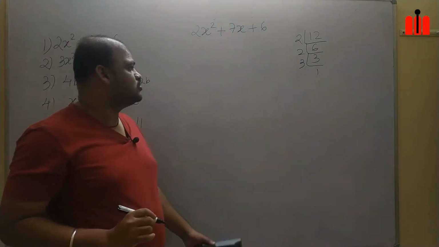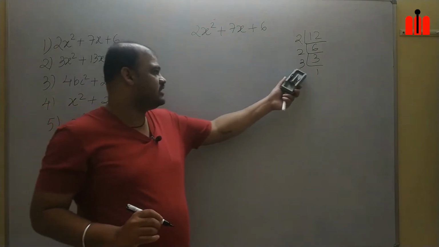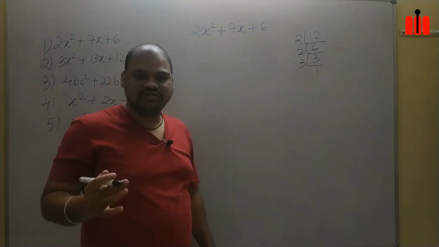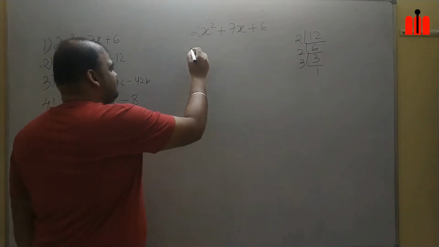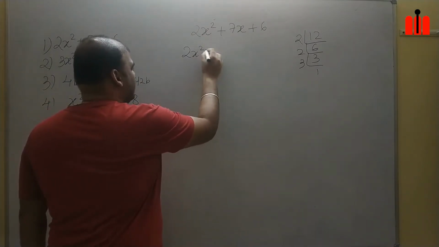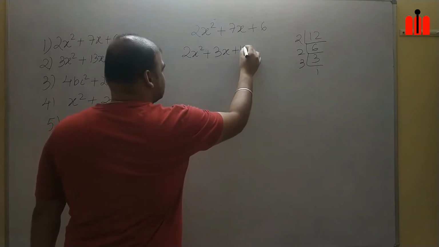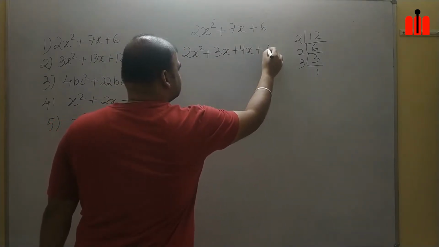So how can I get 7 from this? 3 plus 4, and 3 into 4 is 12, right? So what I will do: 2x square plus, the 7 I will split as 3x plus 4x, plus 6.